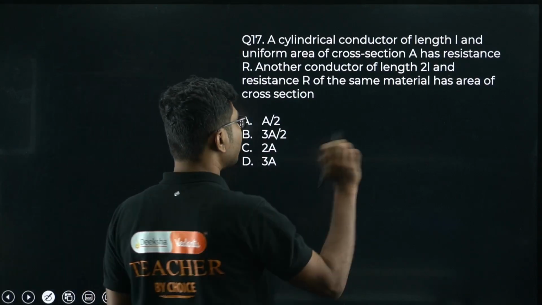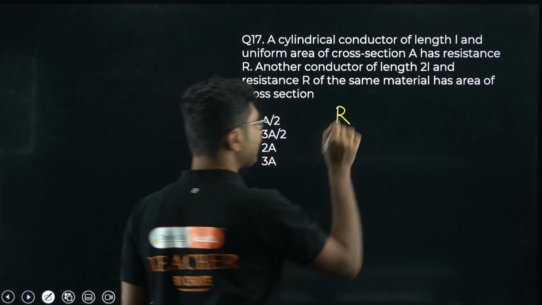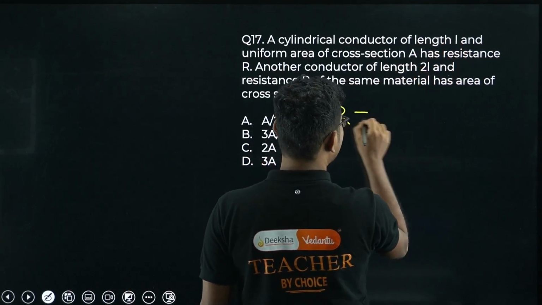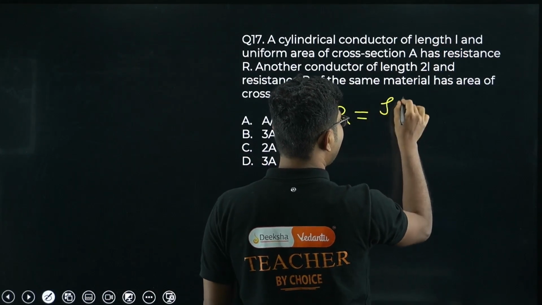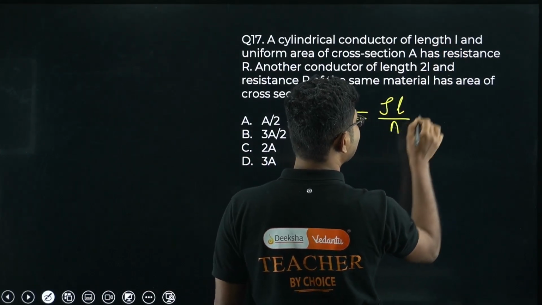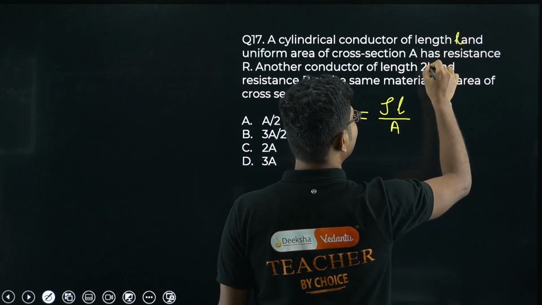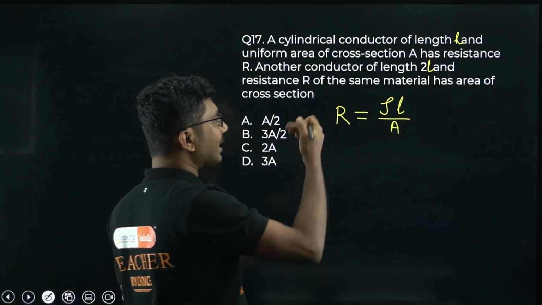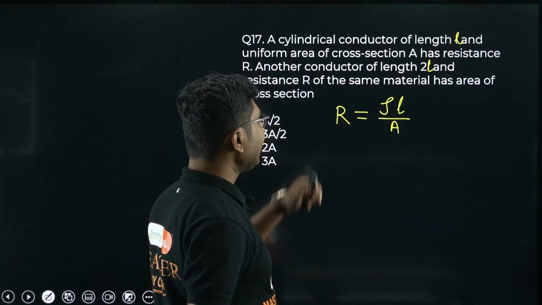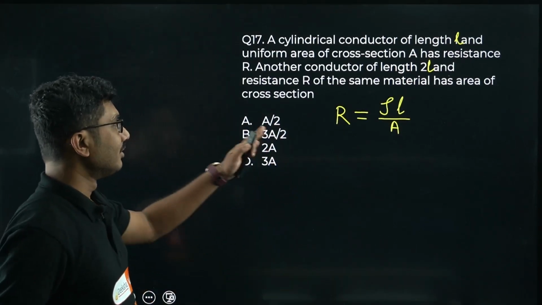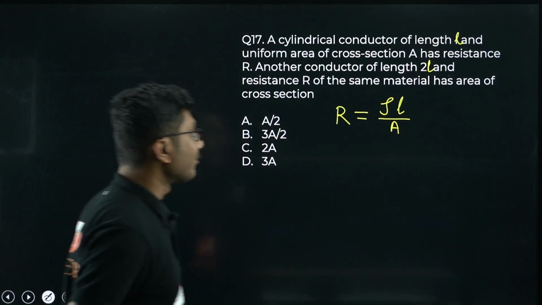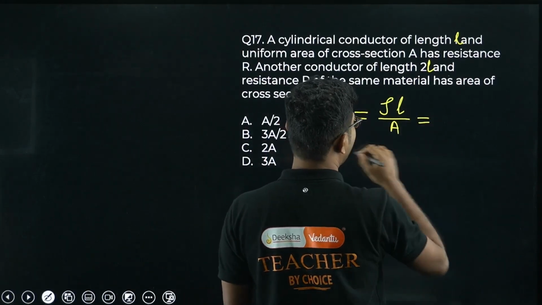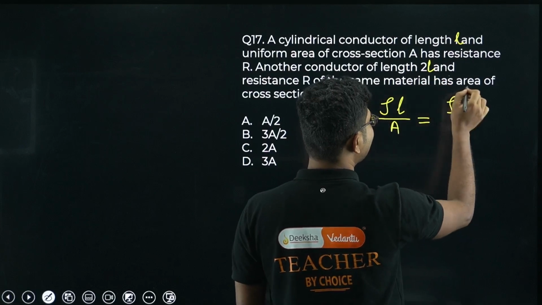Both resistors have the same resistance R. For the first wire, resistance is rho L by A. For the second conductor, the resistance should also be R.